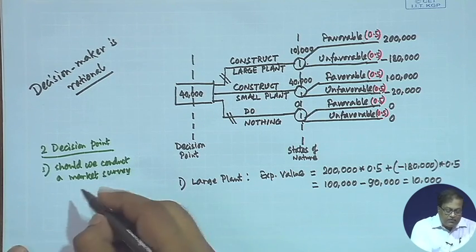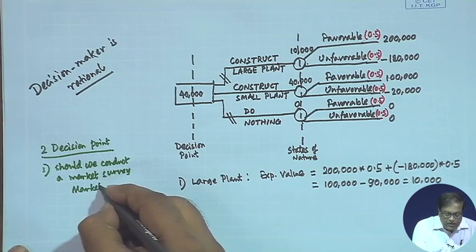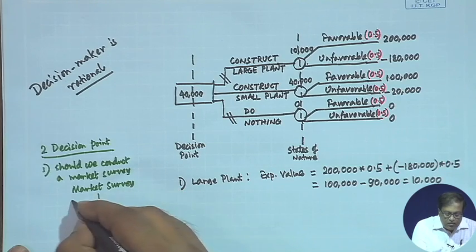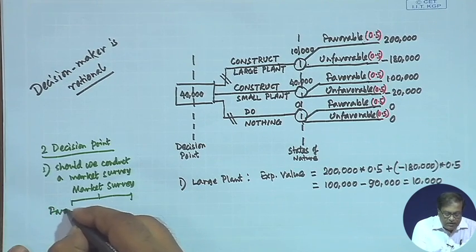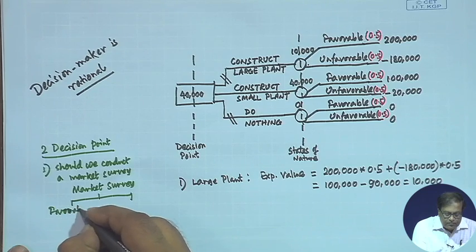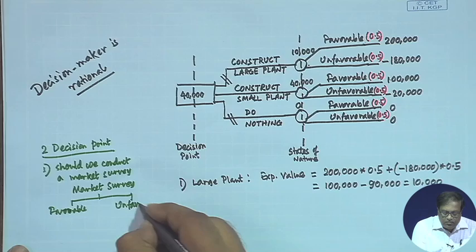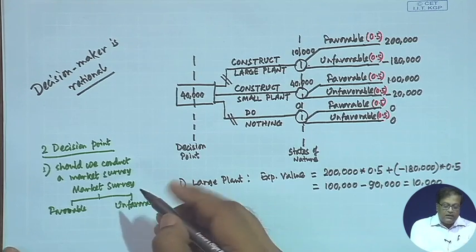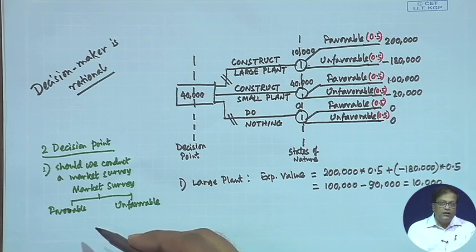The market survey can tell us whether it is a favorable market or an unfavorable market. Please remember that the market survey may call it favorable, but we may not be able to depend on it 100%. That is another issue.